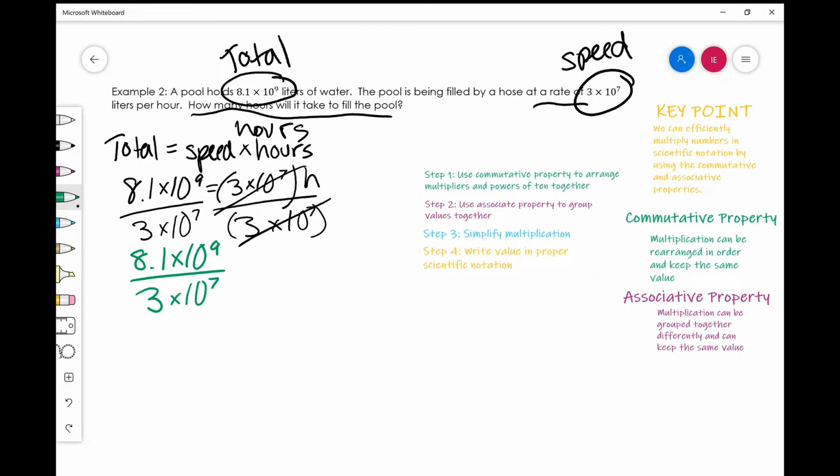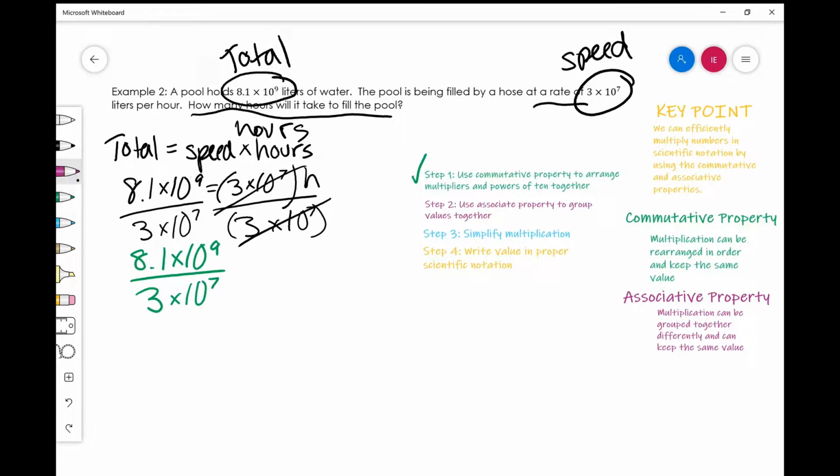When I'm looking at my steps, I know my first step says to use the commutative property to arrange my multipliers and my powers of 10 together. I can see with my division that they're already kind of lined up one on top of the other, so I can count that step as done.